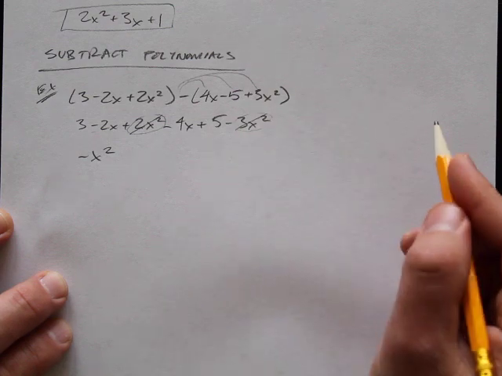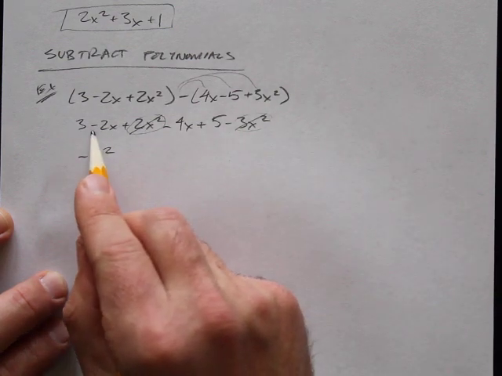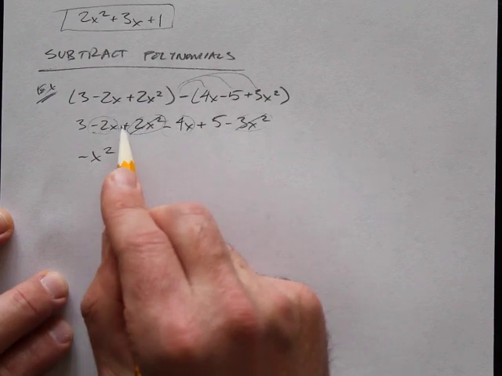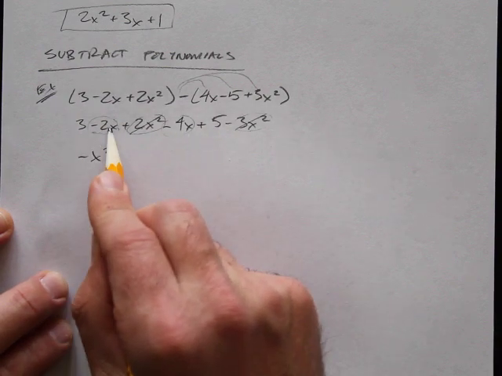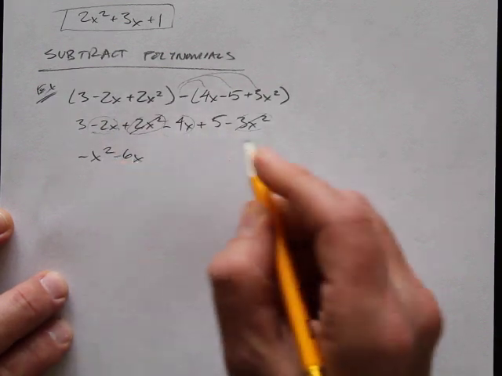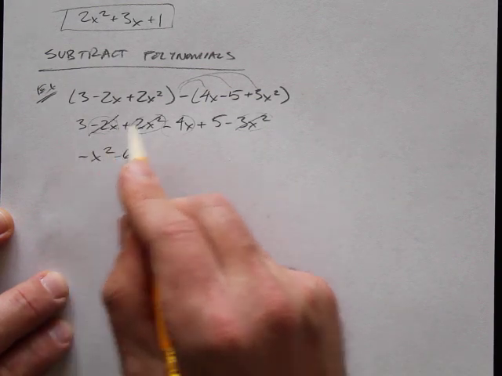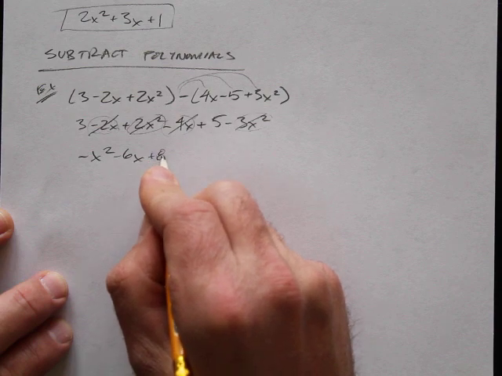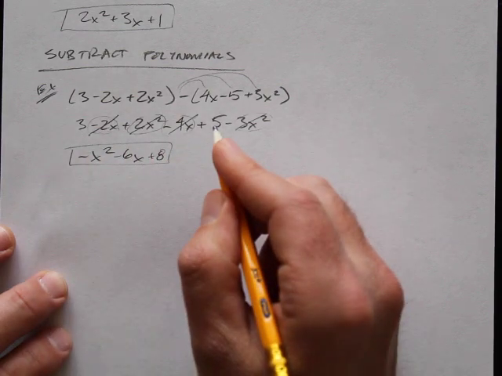I'm going to cross those off. Negative 2x, negative 4x. I don't see any other x's. All right, so negative 4 and negative 2, that's negative 6x. And then 3, I'm going to cross those off so they're out of the way. 3 and 5 is 8. And so there's my answer for that one.